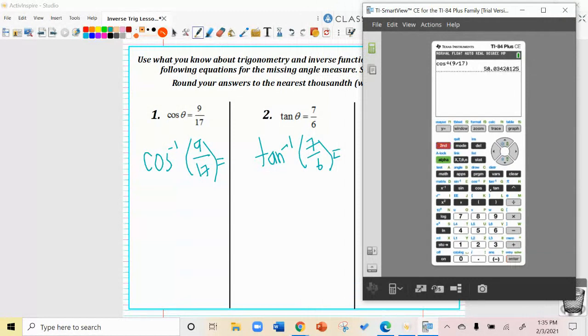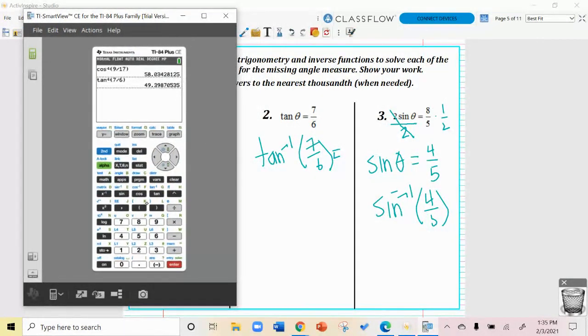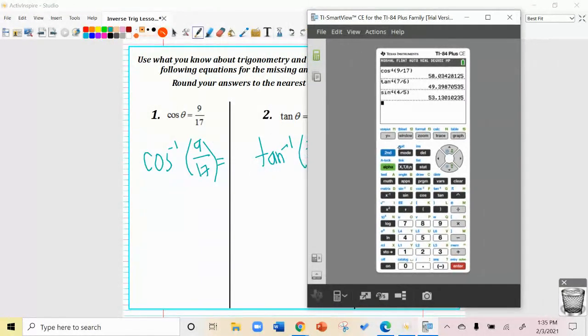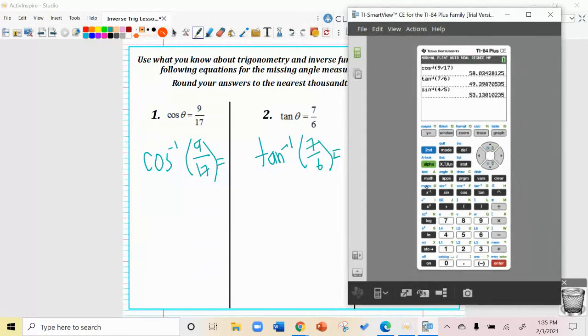Tangent inverse, so second tangent of 7 over 6. 49.399 degrees. And then second sine of 4/5. Sine inverse of 4/5. 53.1301.